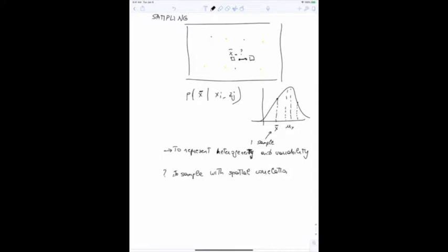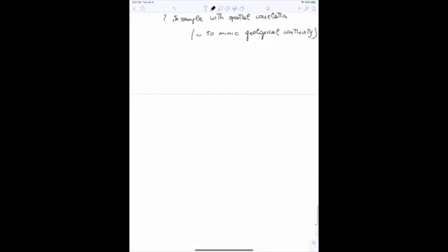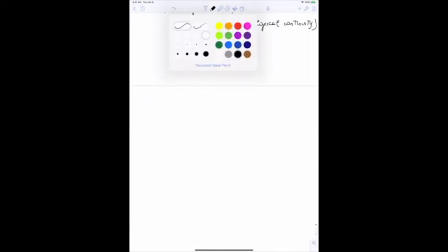And in geoscience problems, the idea is to mimic the geological continuity. So the most common approach is called sequential simulation.